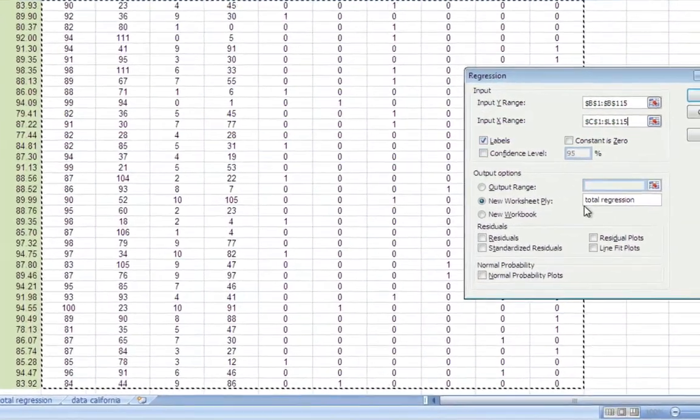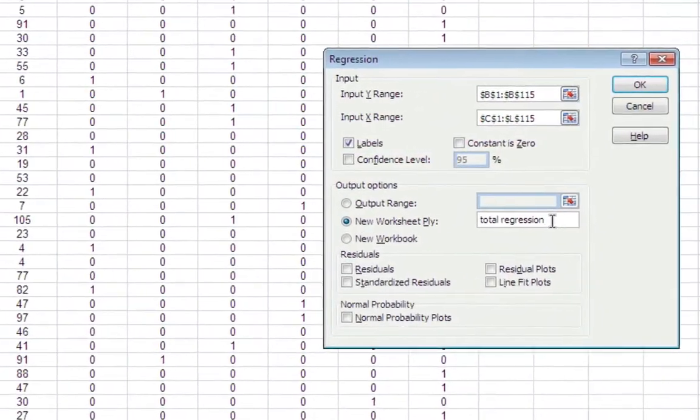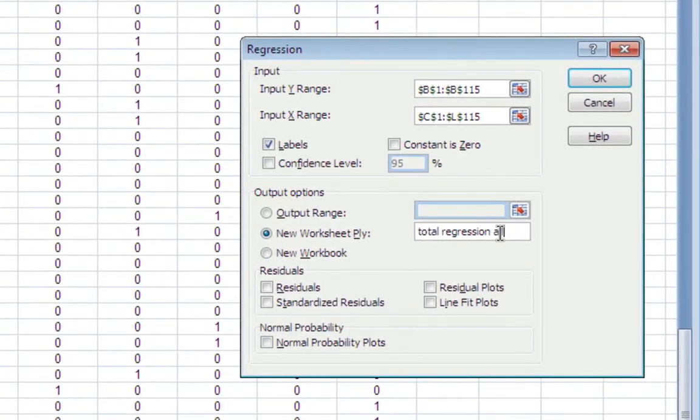Again, we have labels. Let's call this total regression all. Hit OK.